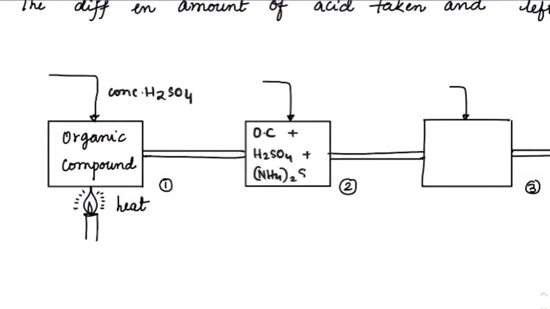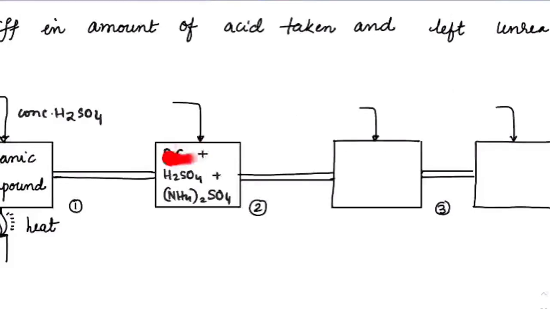If there is nitrogen present in the organic compound, it will get converted into ammonium sulfate. Now this solution has some organic compound, which is carbon, hydrogen maybe, then some leftover H2SO4, and ammonium sulfate, to which we will add excess NaOH.